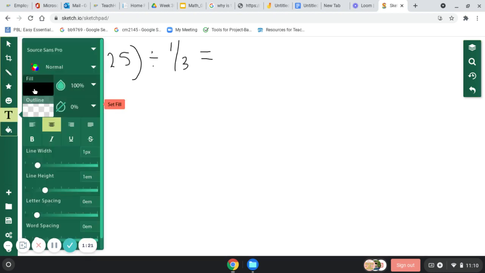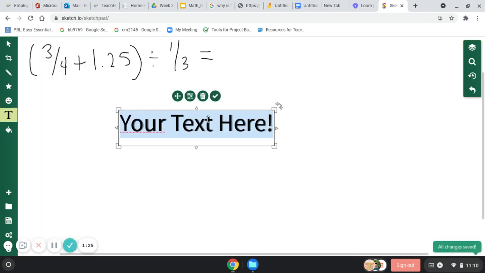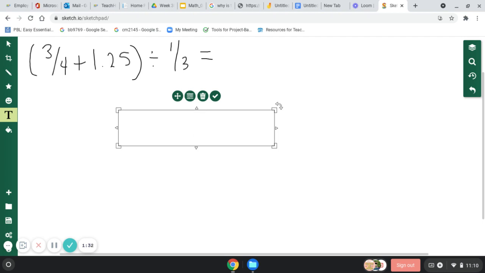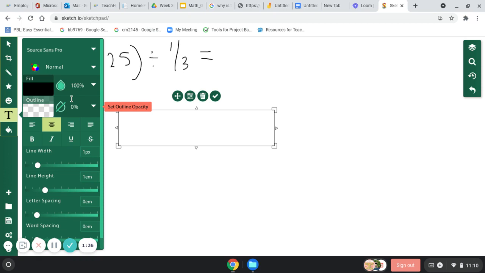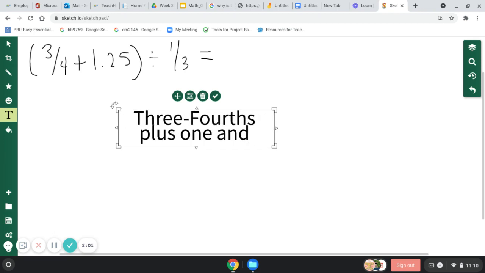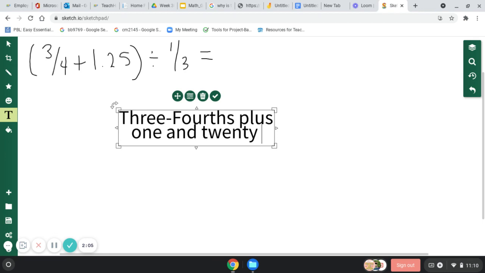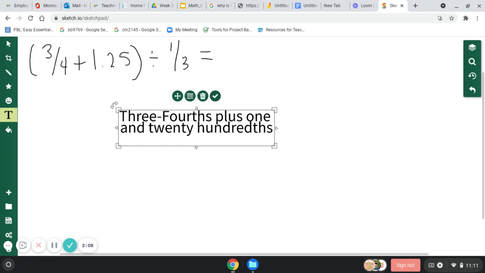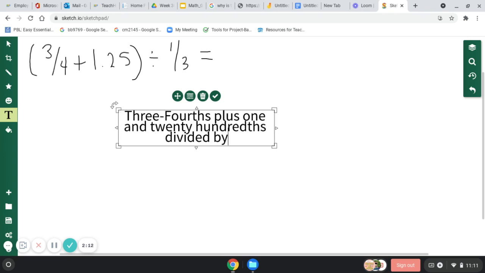So I'm going to write that in that way. 3/4 plus 1 and 25 hundredths divided by 1/3.